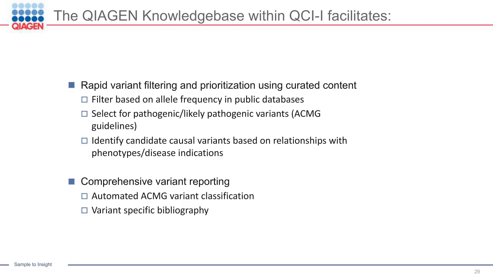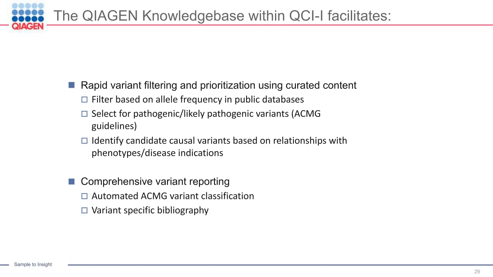And also we can identify causal variants based on relationships with phenotypes and disease indications, because again, we have these curated gene-gene and gene-phenotype relationships that really uniquely position us to pull out these causal variants based on these disease indications that we're entering.